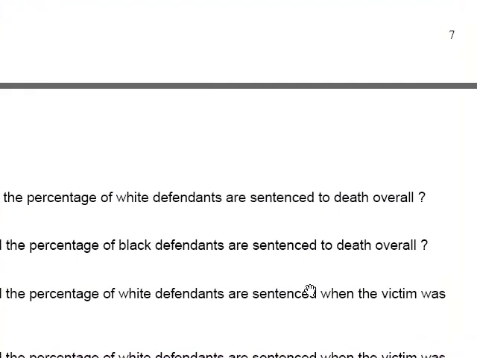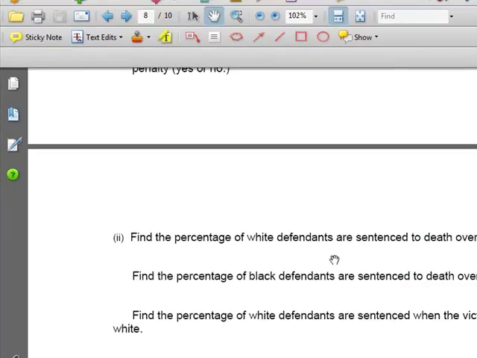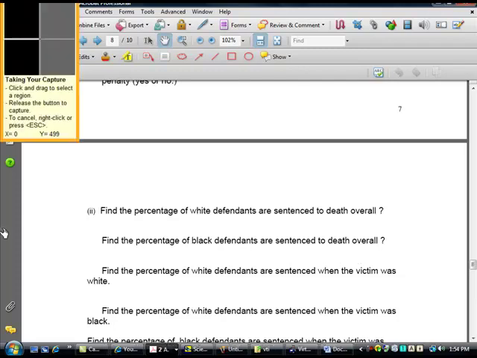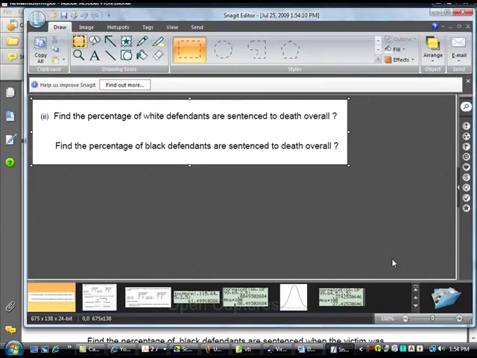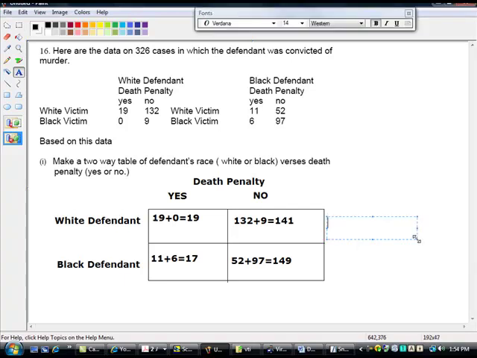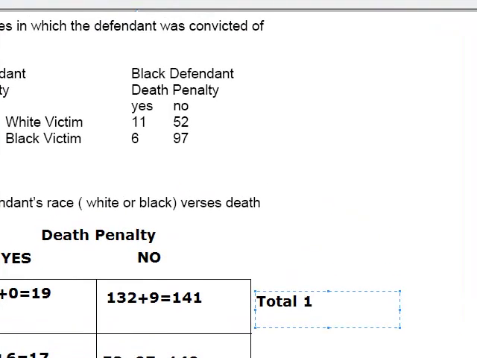Now it says find the percentage of white defendants that are sentenced to death overall, and then find the percentage of black defendants that are sentenced to death overall, right? Okay, so tell me this, what's the total here? 19 plus 141.